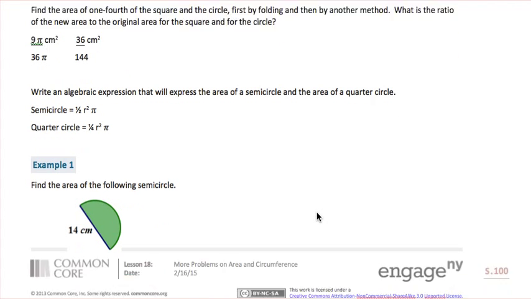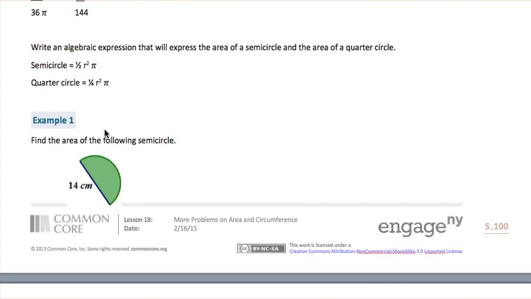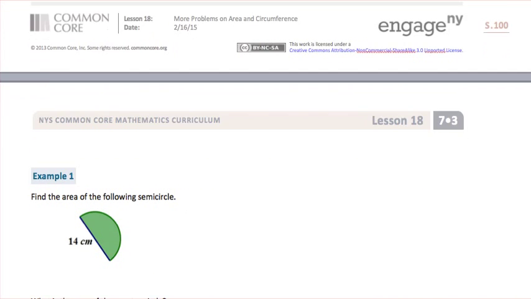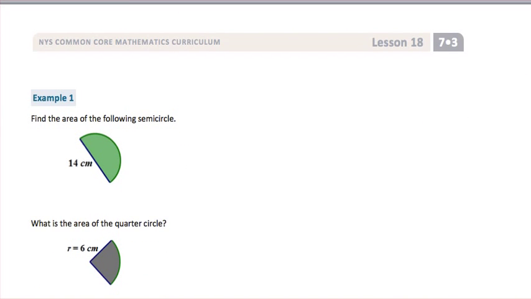So then in example 1, we're going to practice using those new formulas to find semicircle areas and quarter circle areas.